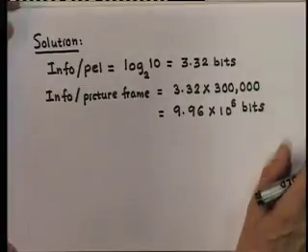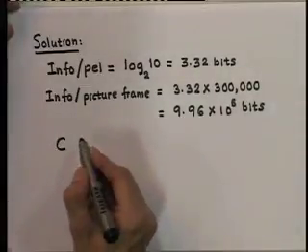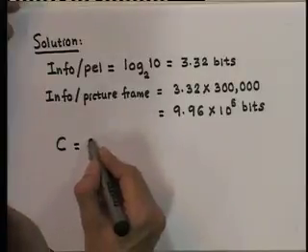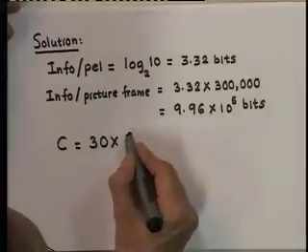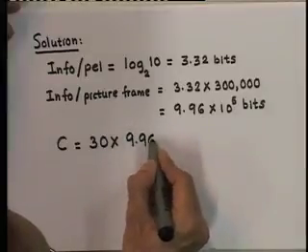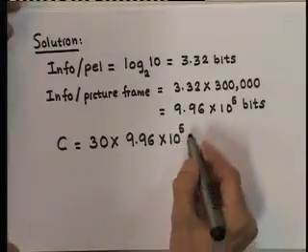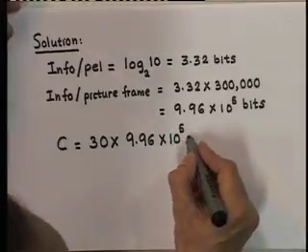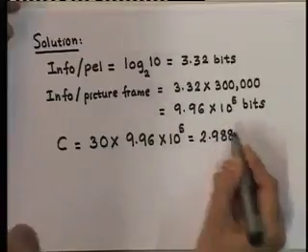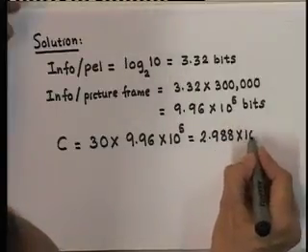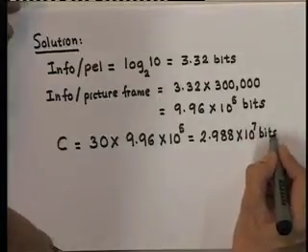Now, for 30 picture frames per second, we need a channel with a capacity C equal to 30 multiplied by this quantity, which is equal to 2.988 multiplied by 10 raised to 7 bits per second.